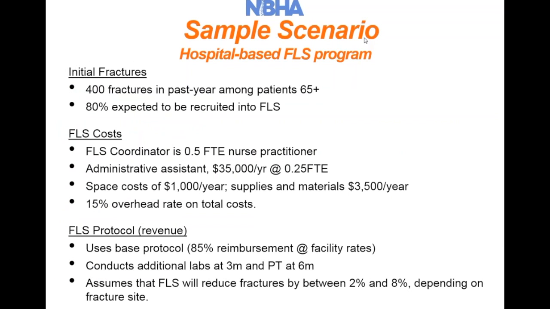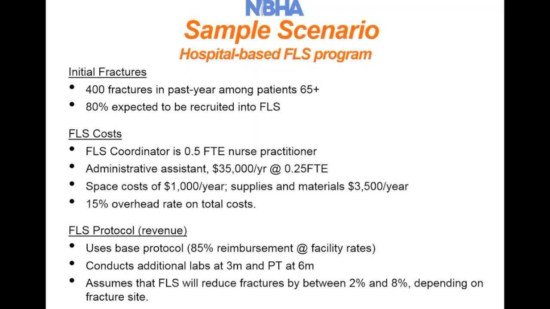Jump over to the calculator, and we'll look at a sample scenario of a hospital-based FLS program with 400 fractures in the past year, and we'll stick with the 80% default recruitment rate into the FLS. In terms of costs, this program is staffed by a nurse practitioner as the FLS coordinator at 1/2 FTE. There's also an administrative assistant at 1/4 FTE, with space costs and supplies and materials costs, and an overhead rate on total costs.